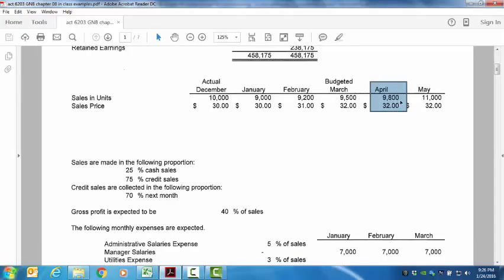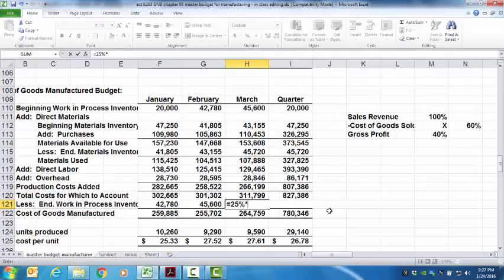Well, right now we are expecting $9,800 at a sales price of $32. So I'll take the $9,800, multiply it by 32, and that will get me April sales, and then just multiply it by the 60%, and you've got it converted. 25% of April sales converted to cost. And again, you see that matches up on your sheet.